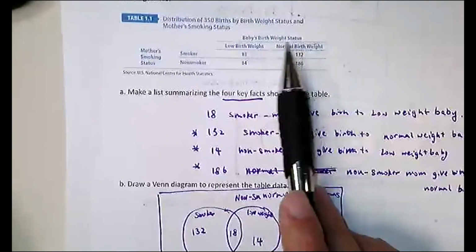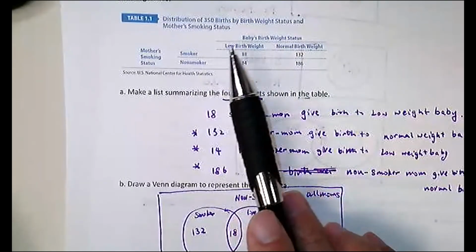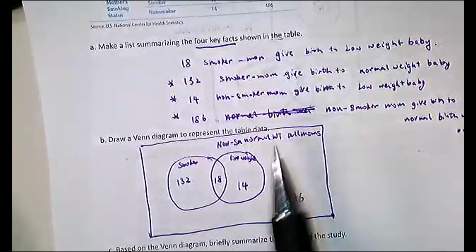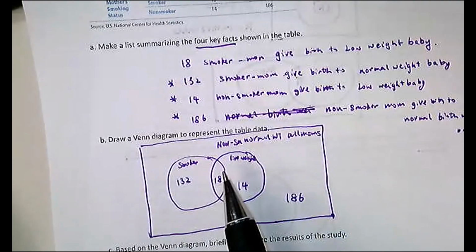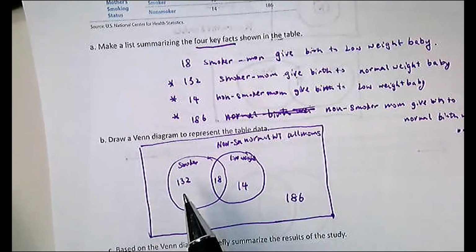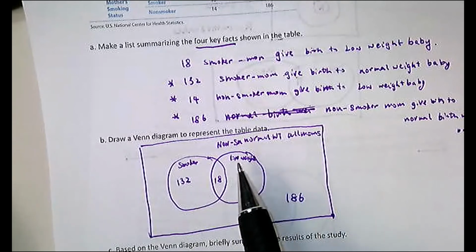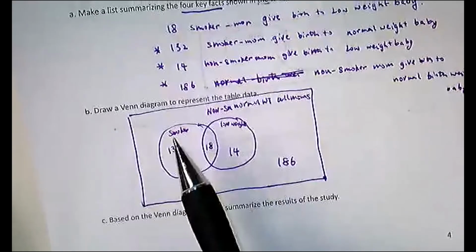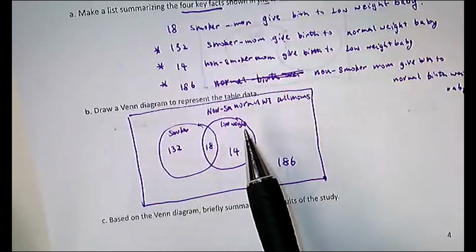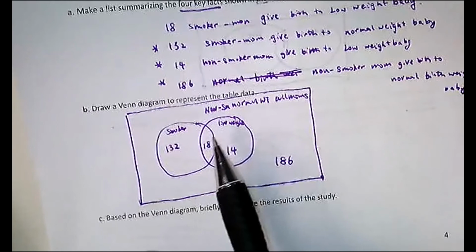The researchers are trying to study if there is such a relationship. However, we find that this is not a definitive relationship. It's not that if you smoke, you will definitely give birth to low weight babies. There's some kind of relationship, but not definitive.